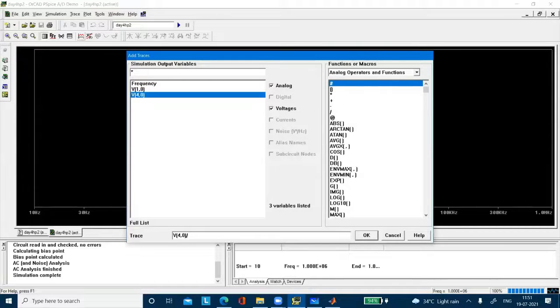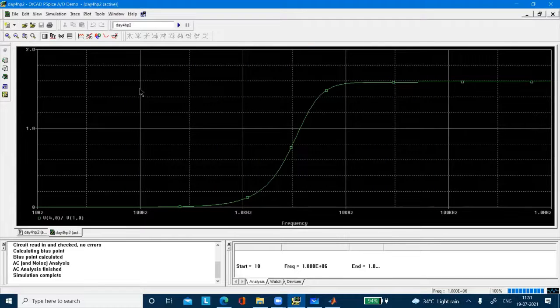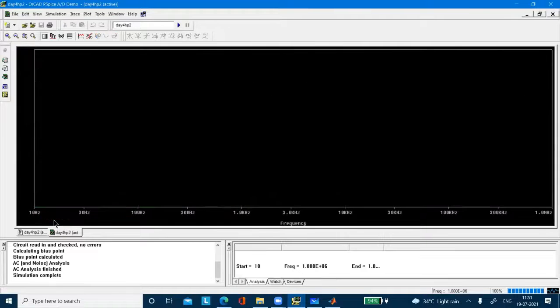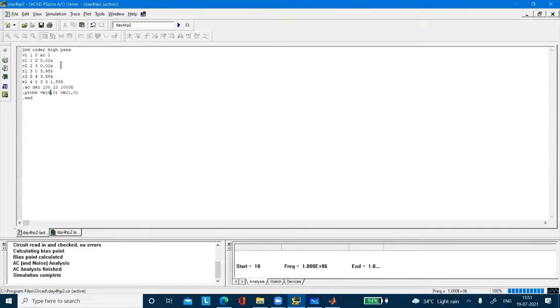V4 by V0, that is output by input. Okay, passband gain 1.586, C1 0.01 microfarad, C2 0.01 microfarad, 3.98, 1.58.